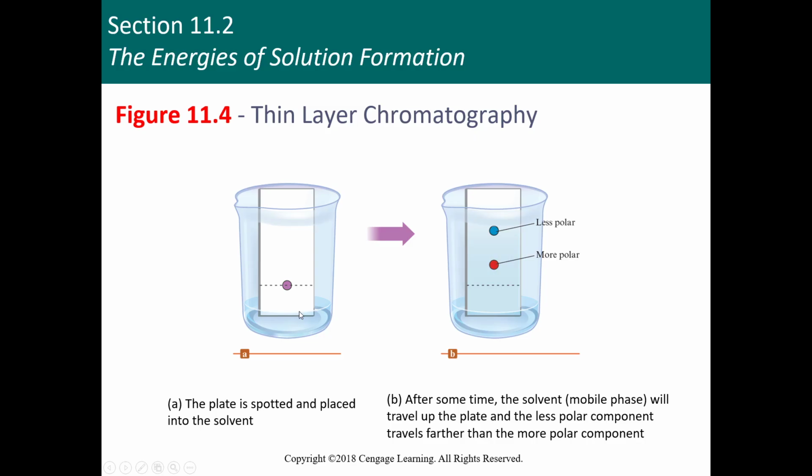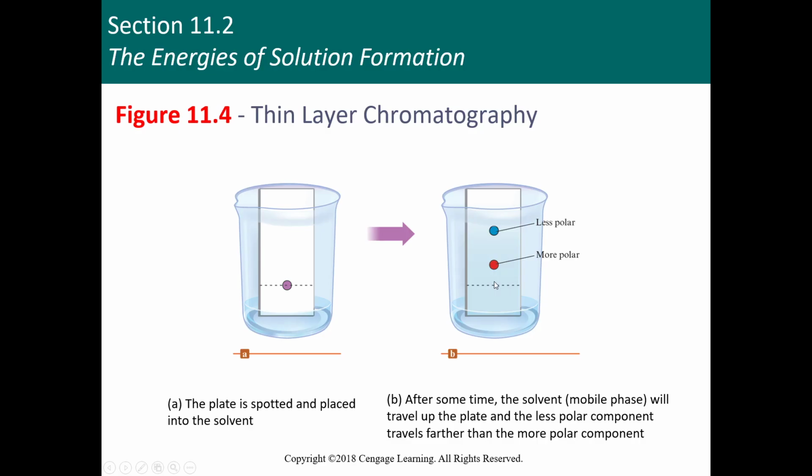Okay, so your mobile phase, the solvent down here, after a while is going to be moving up along your stationary phase, which is your plate. It is going to pick up the nonpolar components of this dot. Now, if you have extremely polar components, they won't move at all.